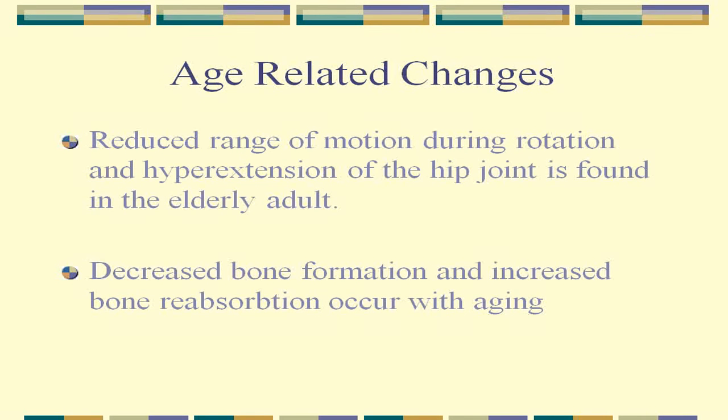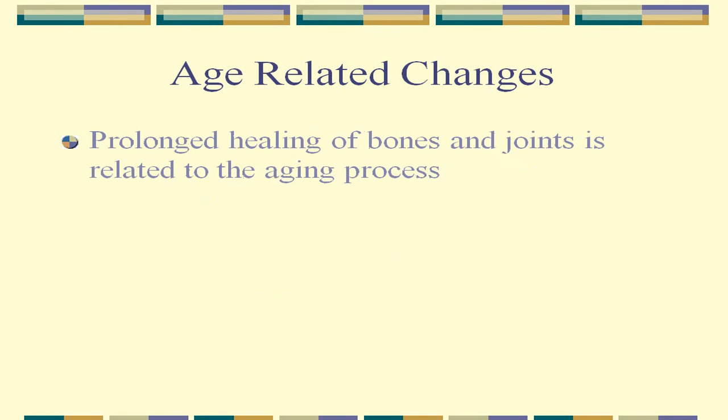Osteoporosis. Okay. Also, we see prolonged healing of bones and joints. This is related to the aging process. And so this is the person after a fracture. It takes our older person longer to recuperate from having a fracture.